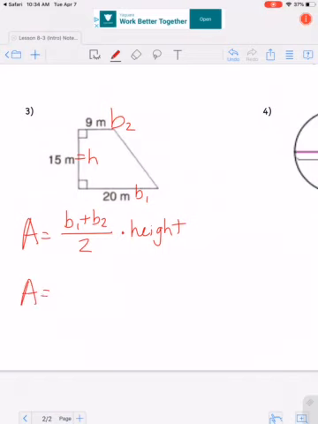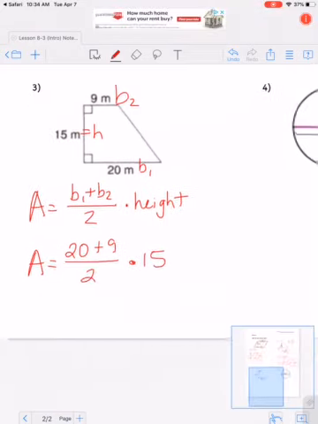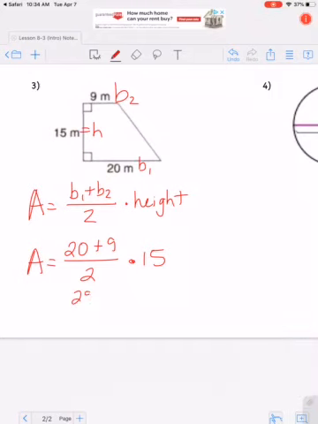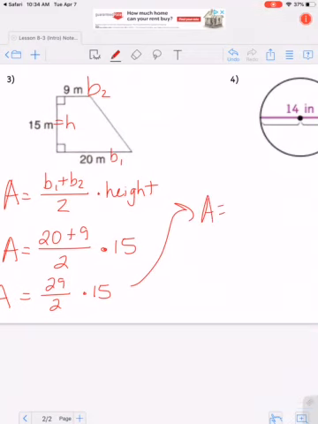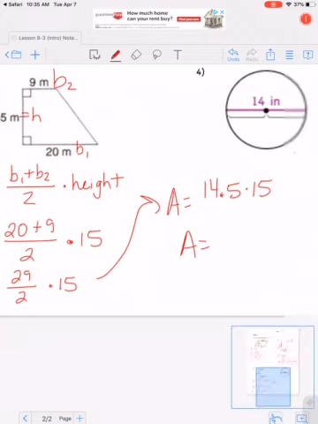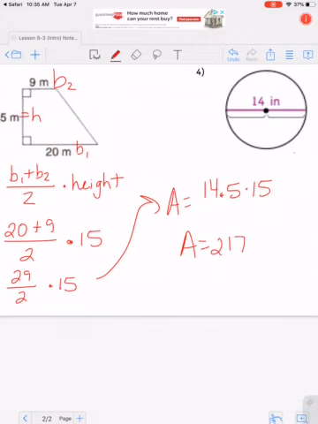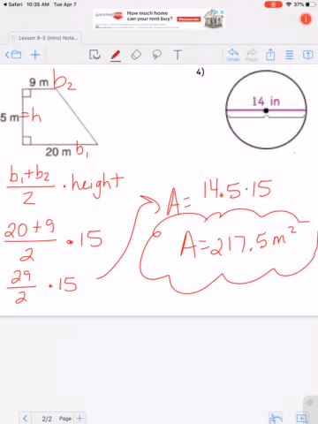So we have A is equal to 20 plus 9 divided by 2, and then that whole thing times 15. 20 plus 9 is 29, divided by 2 is 14.5, and then times that by 15, and your area is going to be 217.5 meters squared, because we are multiplying meters.